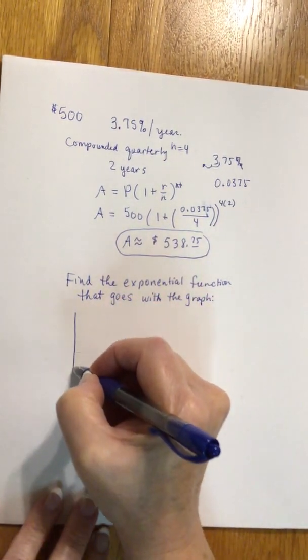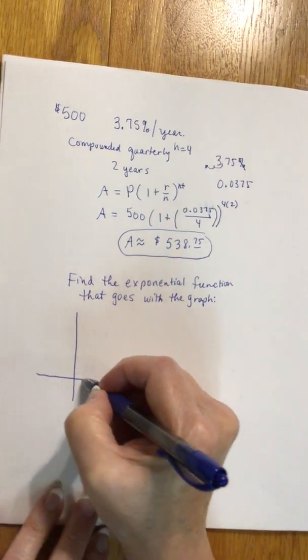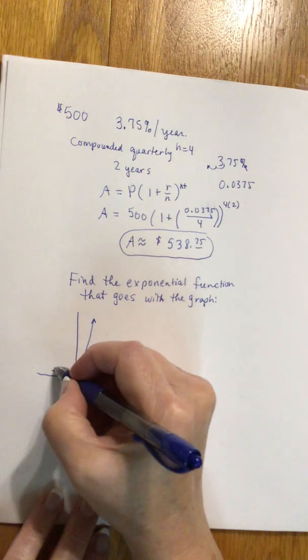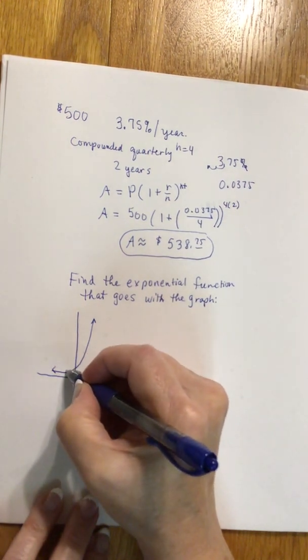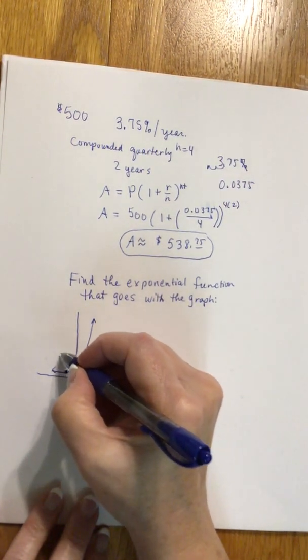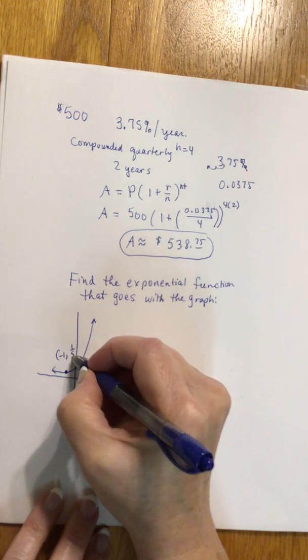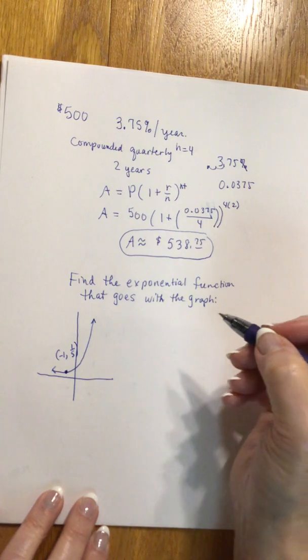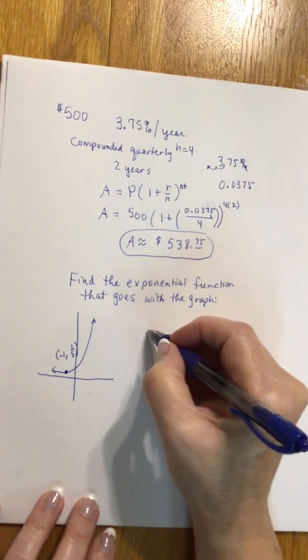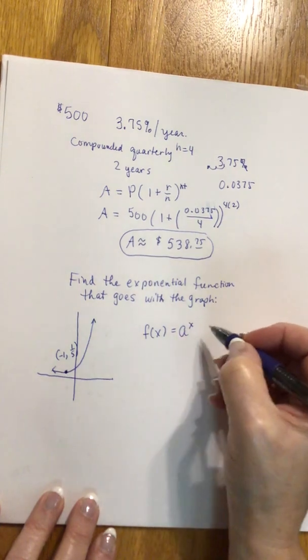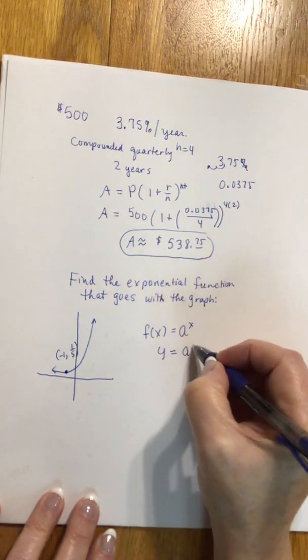So they're going to give us something that looks like this, an exponential function, and they're going to tell us that this point right here is (-1, 1/5). So we know that it's an exponential function, so it's going to be f of x equals a to the x, or y equals a to the x.